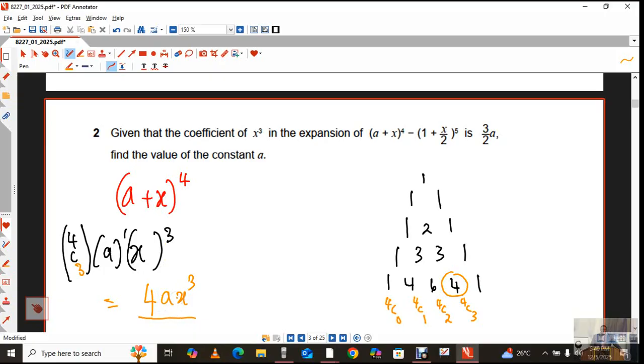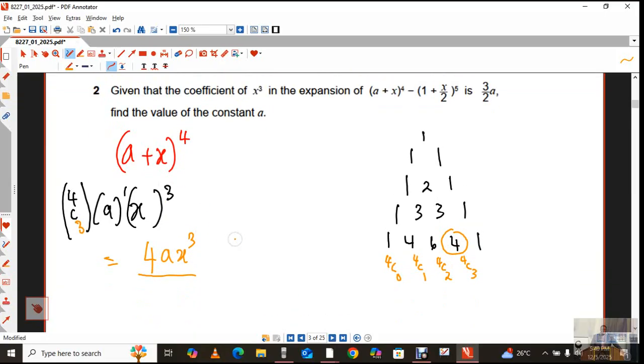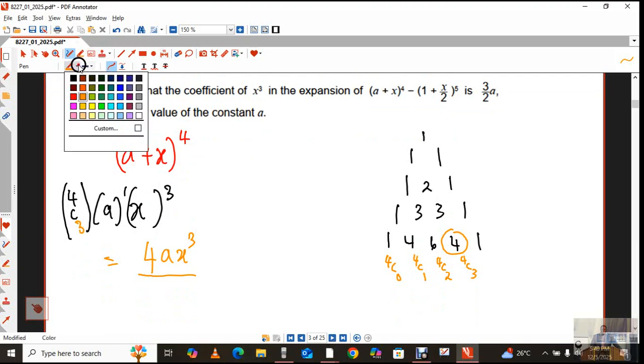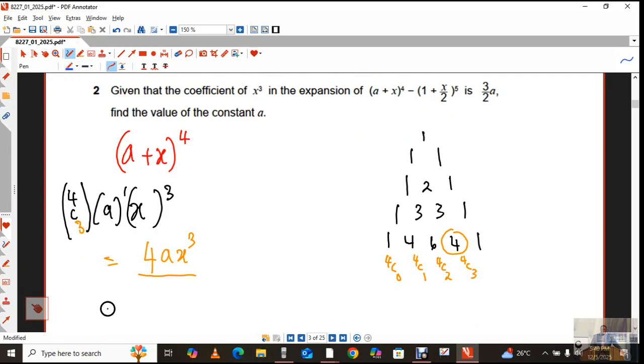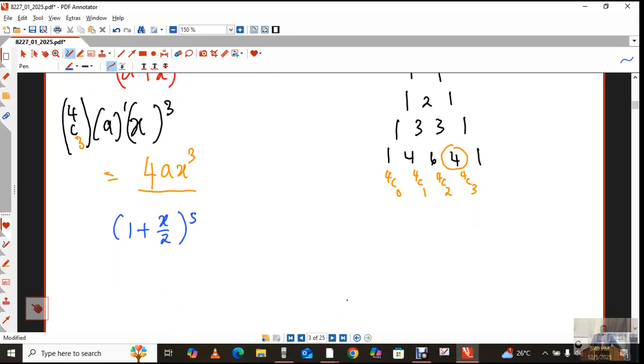Right. So I'm going to do the same for the other one, maybe in a different color. The other one here is (1 + x/2) raised to the power 5. Now again, what we need here is that this x/2 expansion, rather, I need that to be cubed.